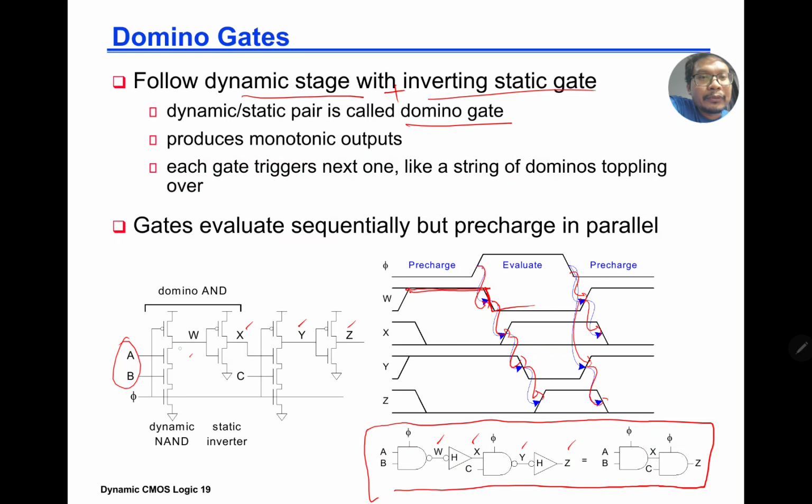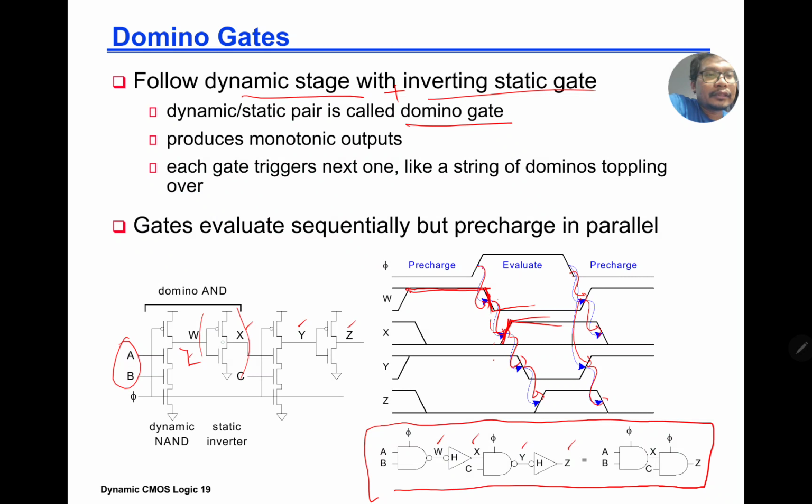So your W goes down during evaluate, and your X will go up because you have the inverter here. If you can see the inverter there. So your X goes up after a certain combinational logic delay, to logic 1.